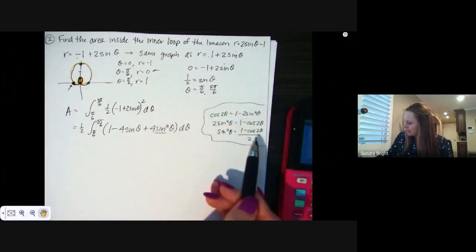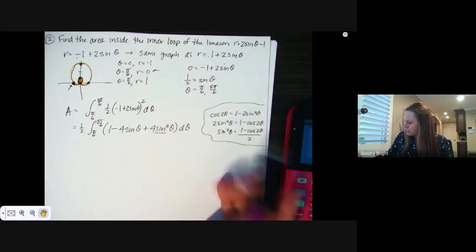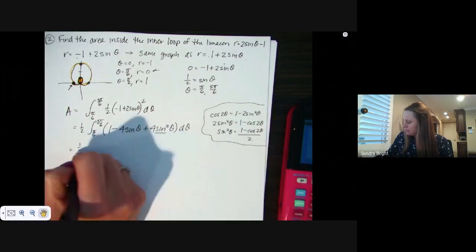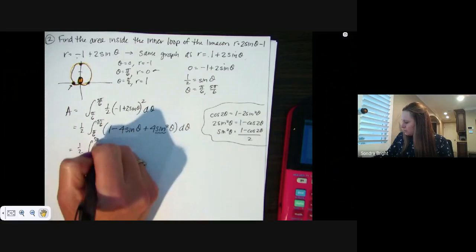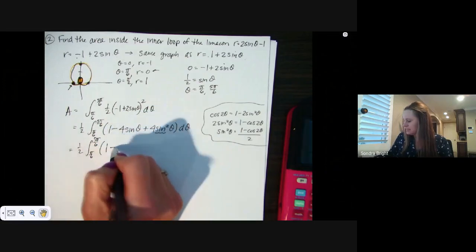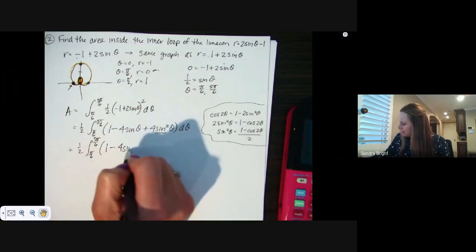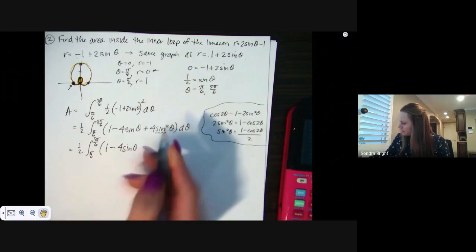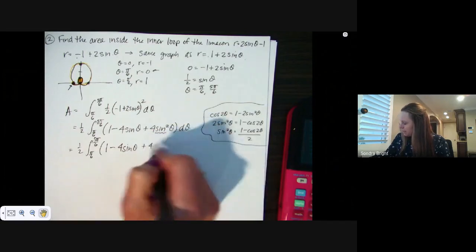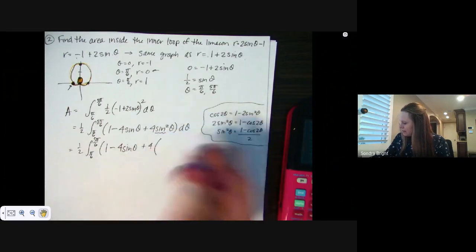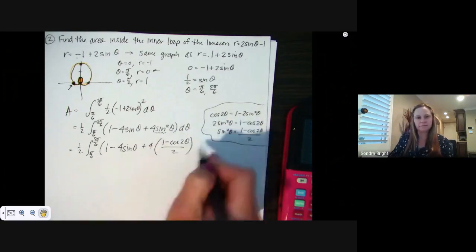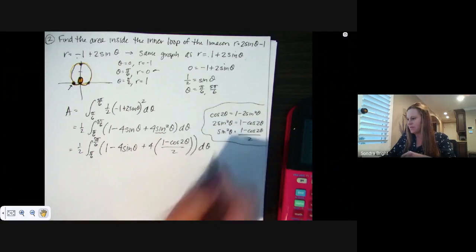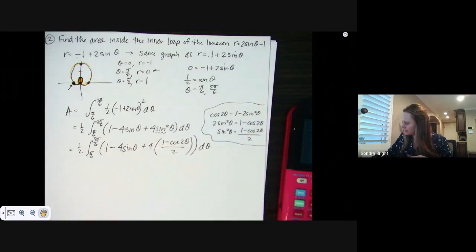So this is a 1/2 integral from pi over 6 to 5 pi over 6 of 1 minus 4 sine of theta. Both of those will be easy to integrate. This guy becomes a plus 4 times the quantity 1 minus cosine of 2 theta over 2. So then, go ahead and simplify this.